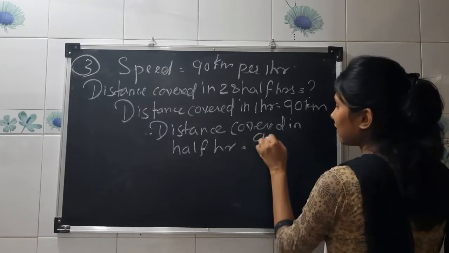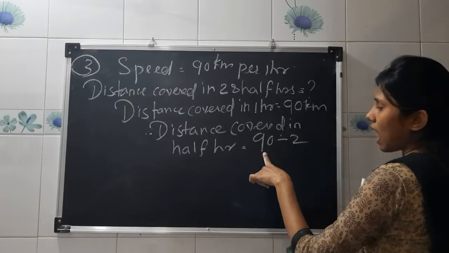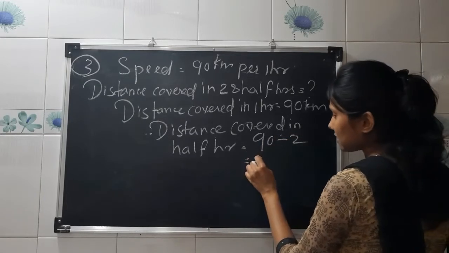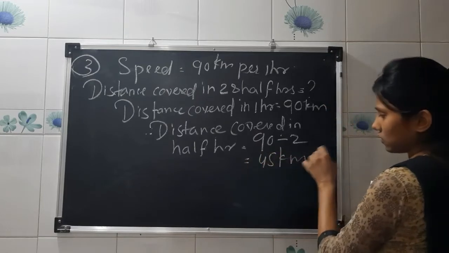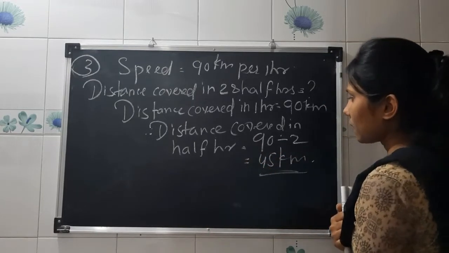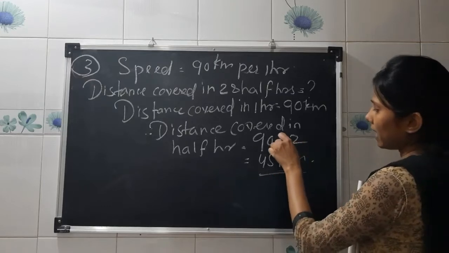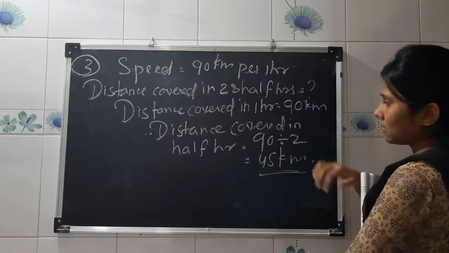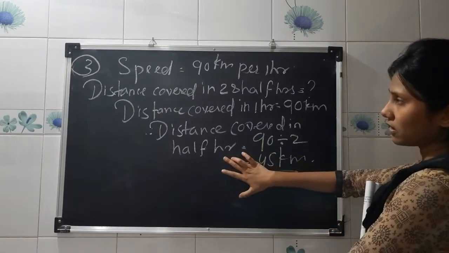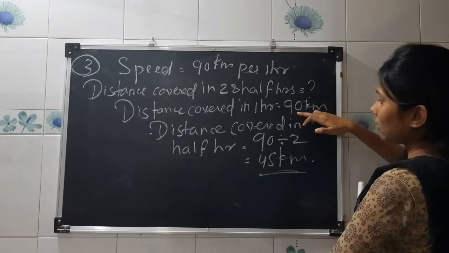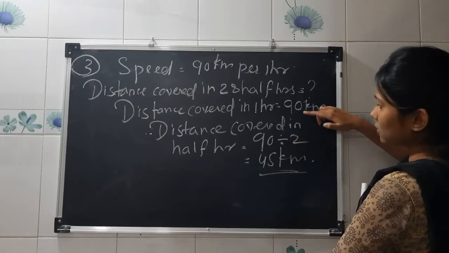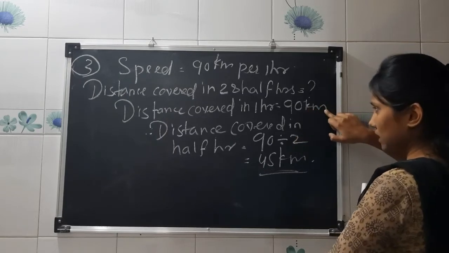So 90 divided by 2. Half of 90 is 45 kilometers. Okay, 90 divided by 2, 45 kilometers. Half hour is half of 1 hour, so therefore 45 is also half of 90 kilometers.